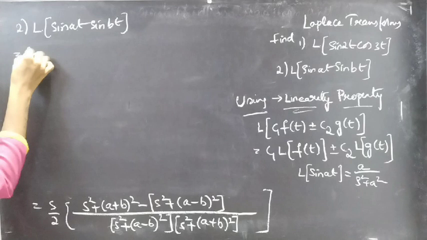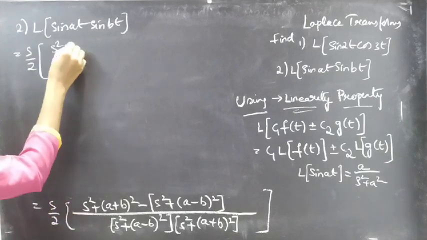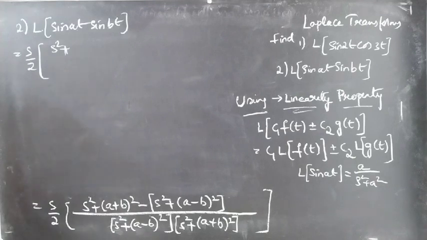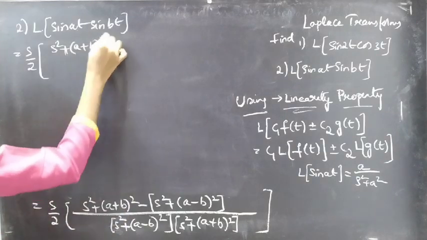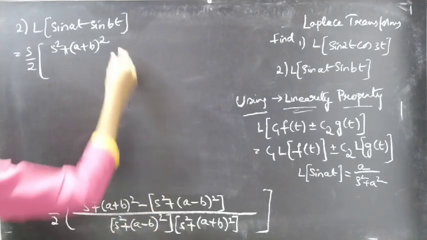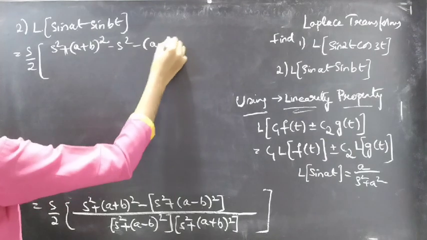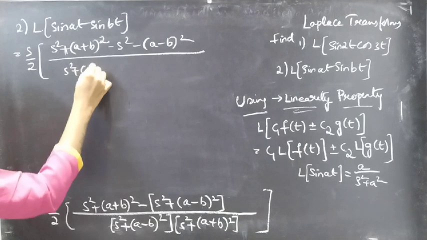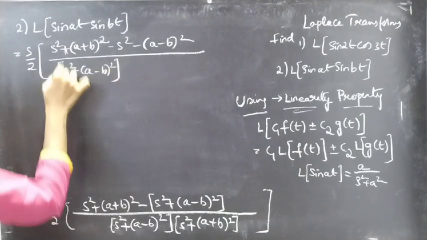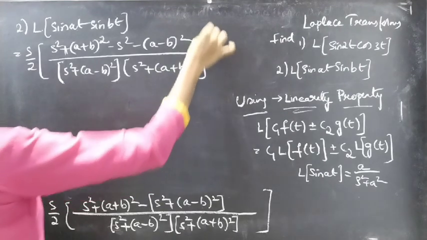This gives us s by 2 into s square plus (a plus b) whole square minus s square minus (a minus b) whole square, by s square plus (a minus b) whole square into s square plus (a plus b) whole square, right?